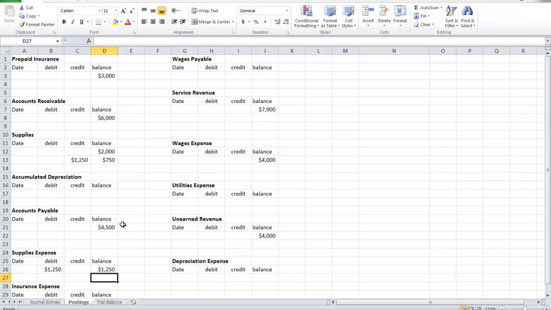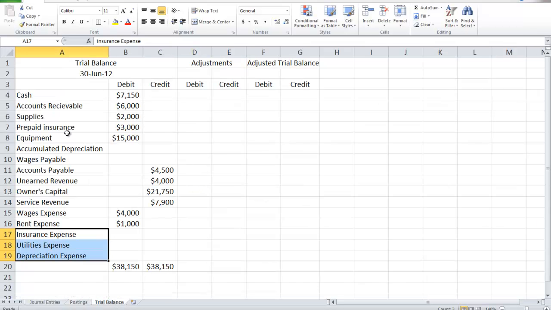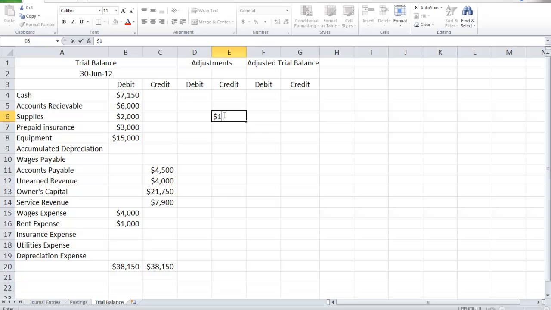And we can carry this over to the trial balance. On the trial balance, we look at supplies, which is $2,000. So we have a credit for $1,250, and then my adjusted balance is again $750. And then supplies expense is another account I need to add.